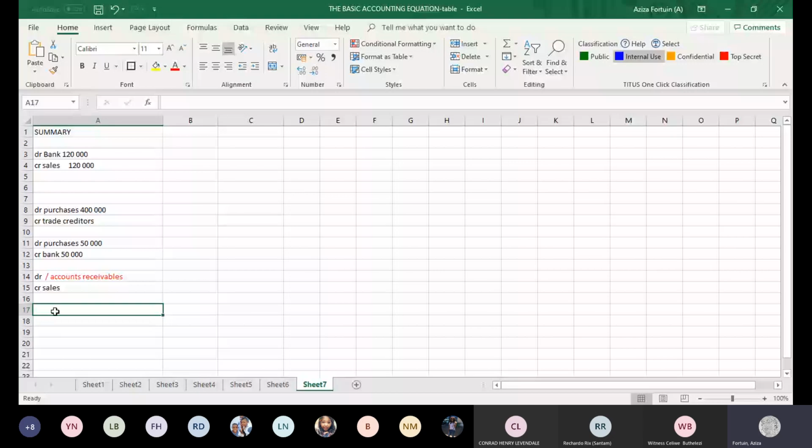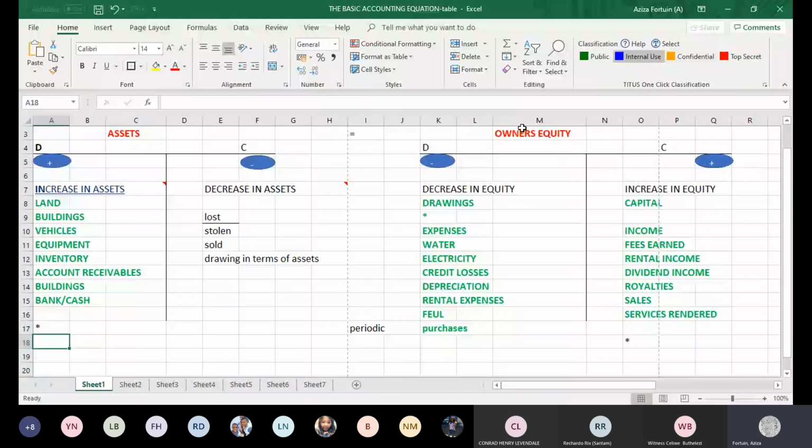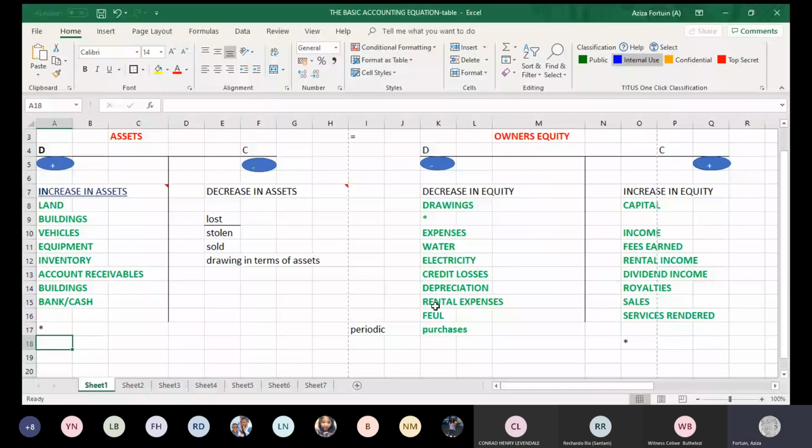Does anybody know why we close this account off to nil? Anybody want to take a chance why we always need to do year-end adjustments? To balance the books. No, Richardo, that's not what I was looking for.